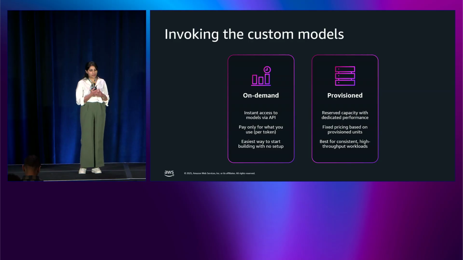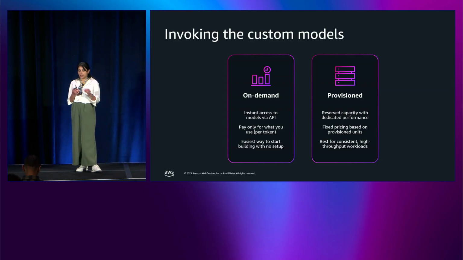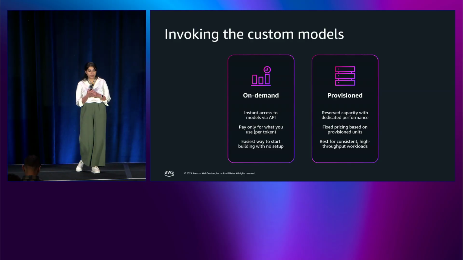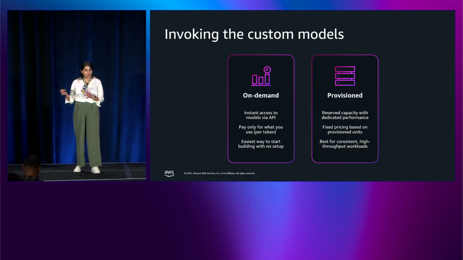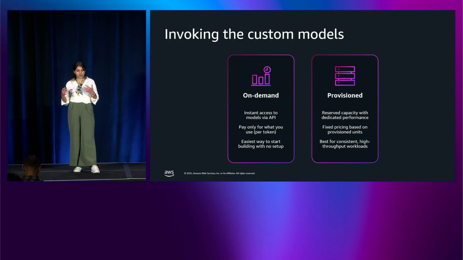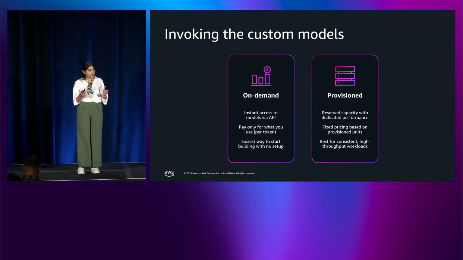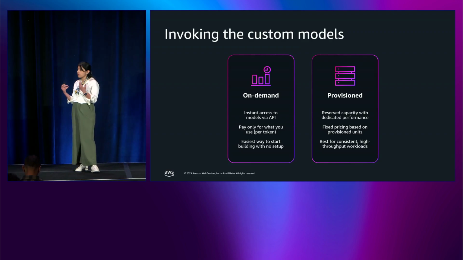With on-demand, you get instant access to the model via the API, and you pay based on per token pricing. But when you want to do provisioned inference, this is mostly for production use cases. For dedicated performance, you get fixed pricing based on the number of model units that you provision.